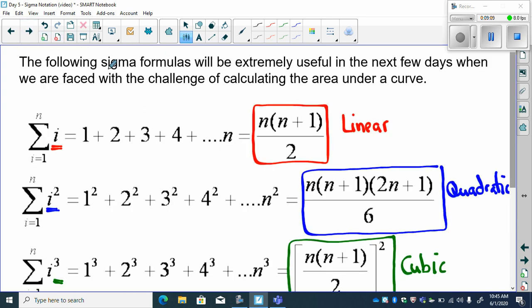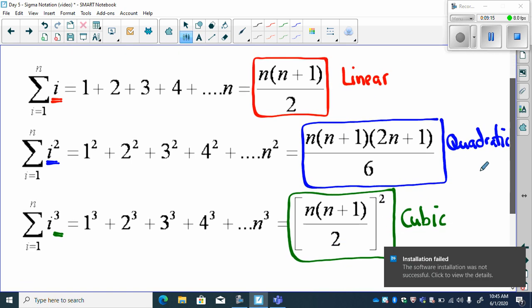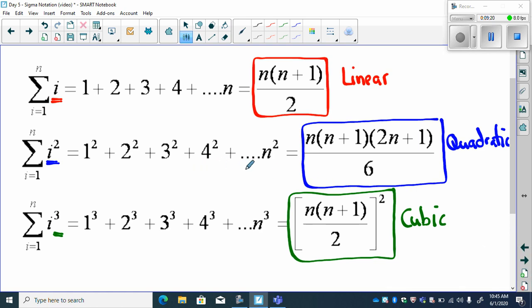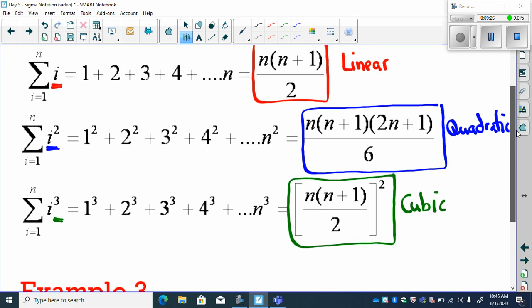But here's what I was getting at. Okay, there's the linear formula. There's the quadratic formula. And here is the cubic formula. There was no i cubed in that last one, so we didn't need to worry about it. But this is what it looks like. So we're going to use these to help us sort things out.